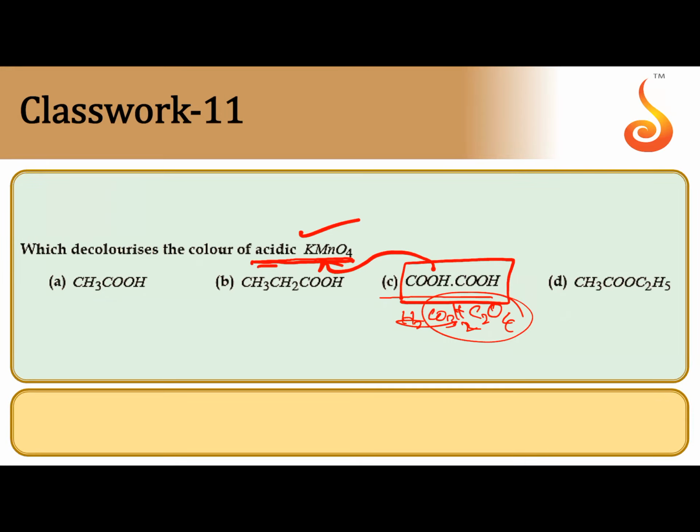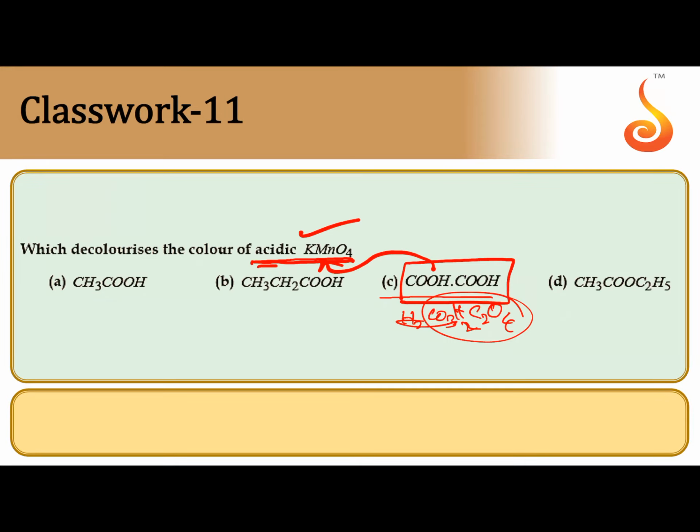The end product B in the sequence of reactions: RX on reaction with CN minus gives RCN, where potassium cyanide or sodium cyanide is taken. After the formation of RCN, treatment with aqueous sodium hydroxide means hydrolysis in the presence of base.